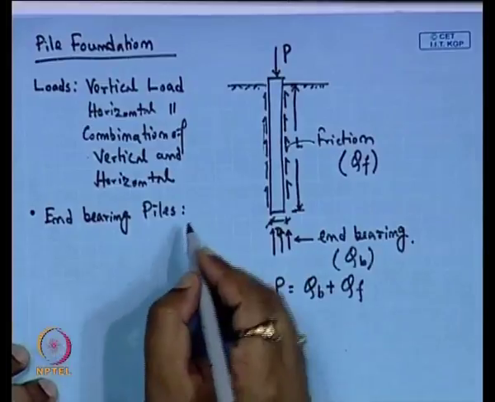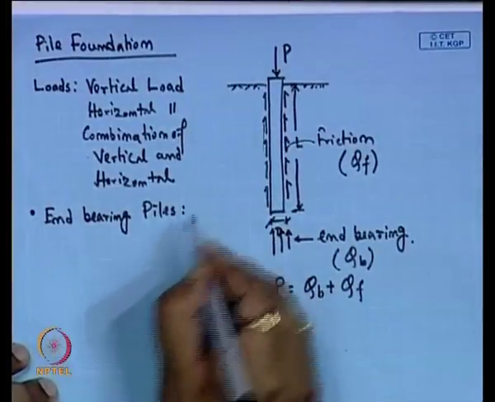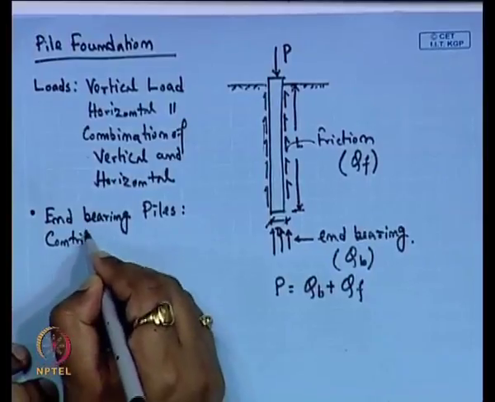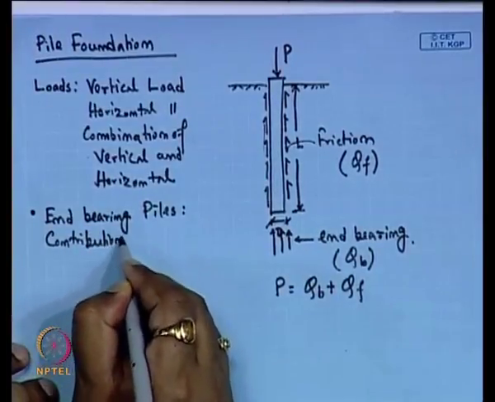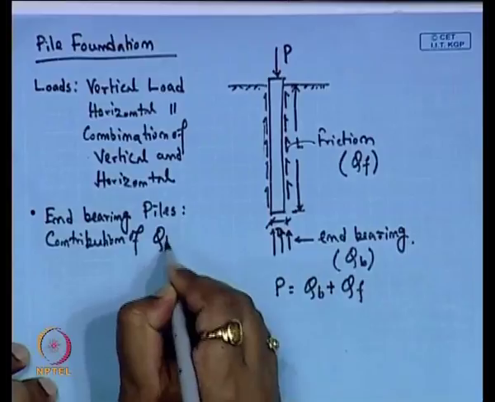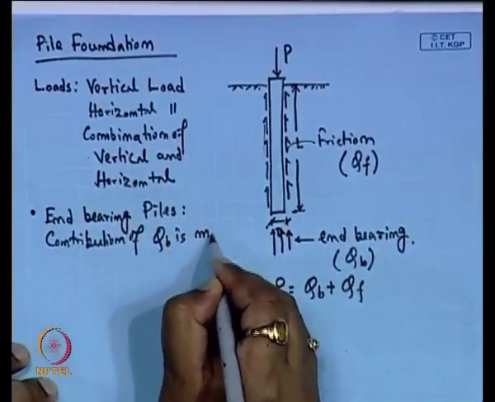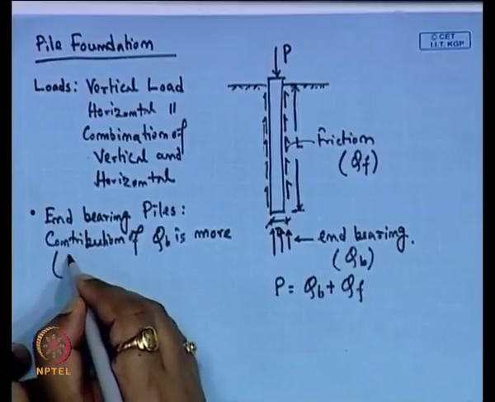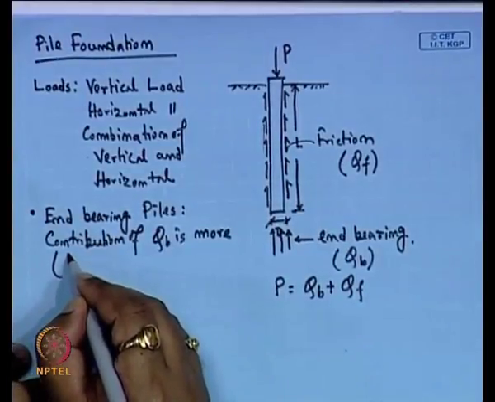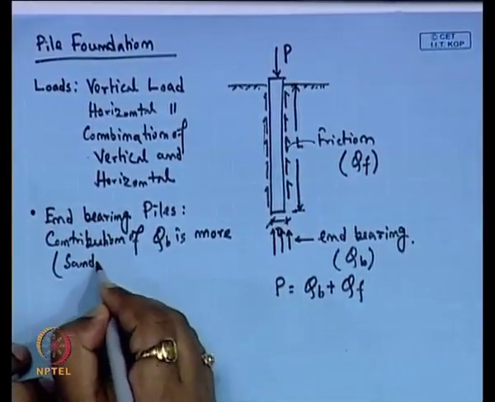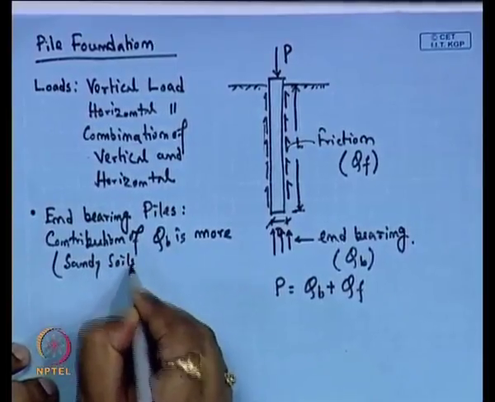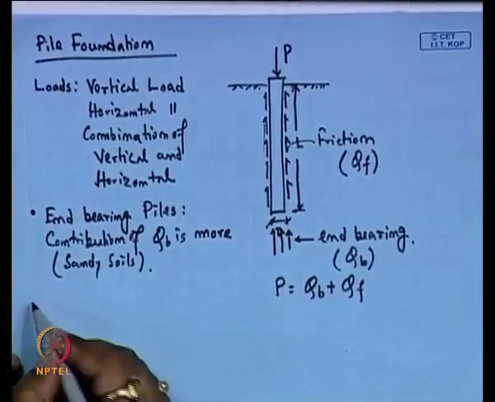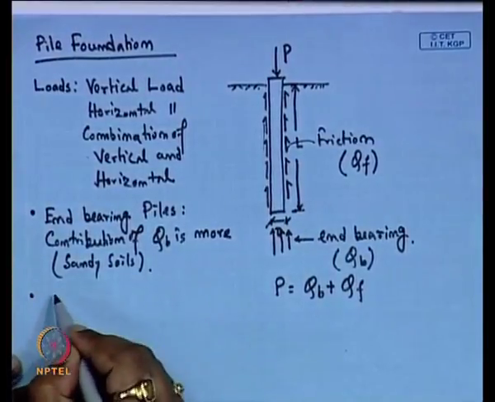That means the contribution of Q B is more, which we can generally observe in sandy soil. And the next one is the friction pile.